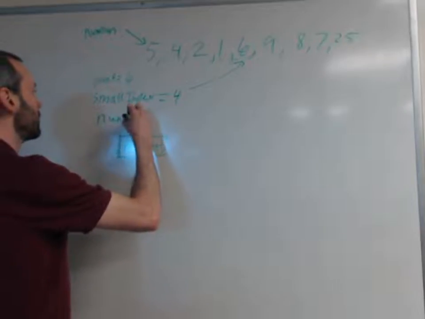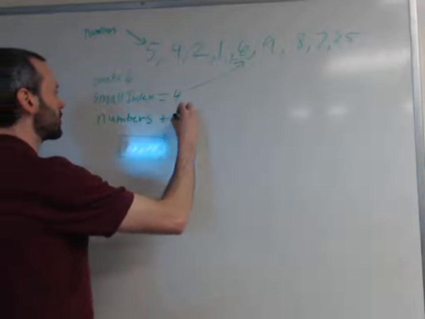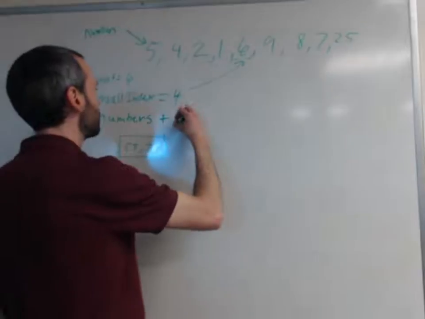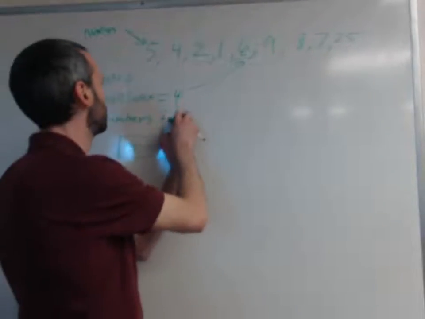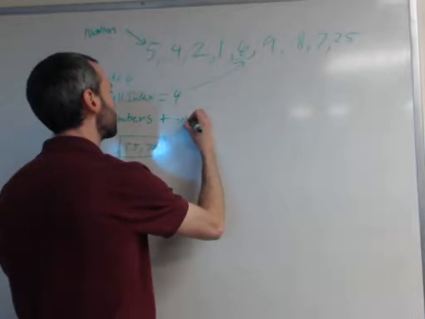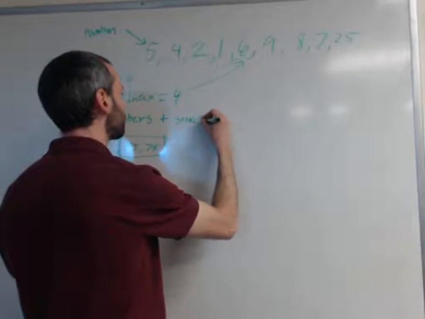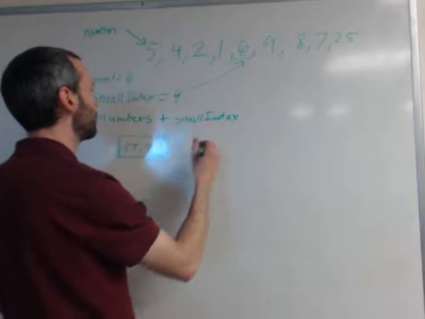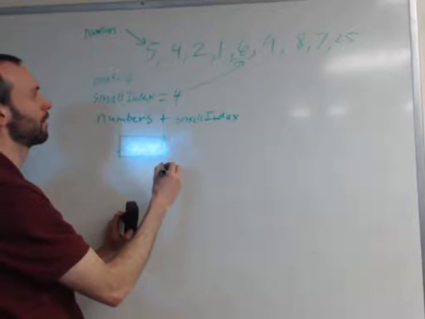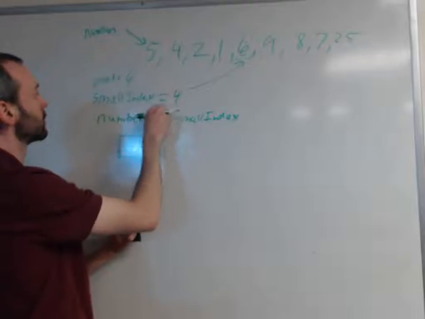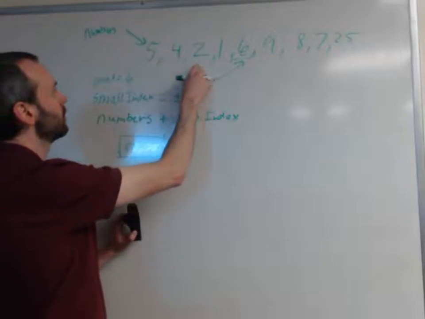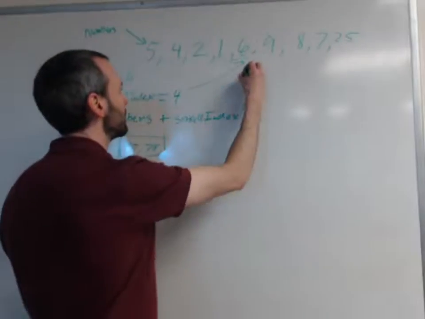So numbers plus small index. Small index. Where would that point to? The 9. So it's 4. 1, 2, 3, 4. So it would actually point to the 6.